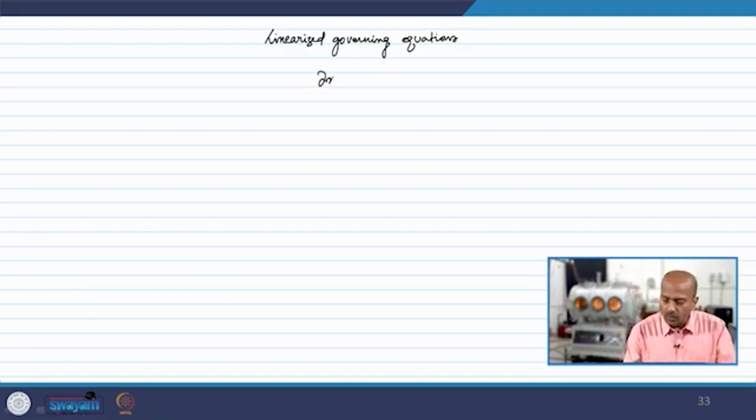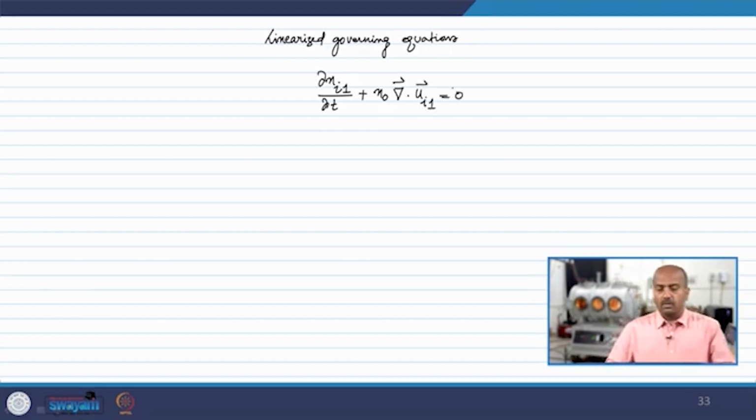They are: ∂n_I1/∂t + n_0 ∇·u_I1 = 0. See, what is this? This is the continuity equation, right? This equation is written for ions, and the perturbed variables are written with a subscript of 1.